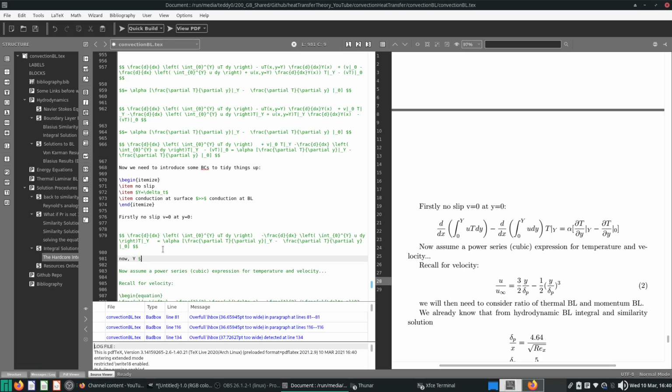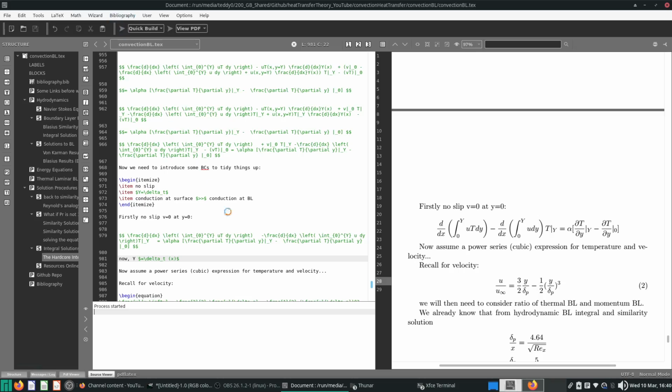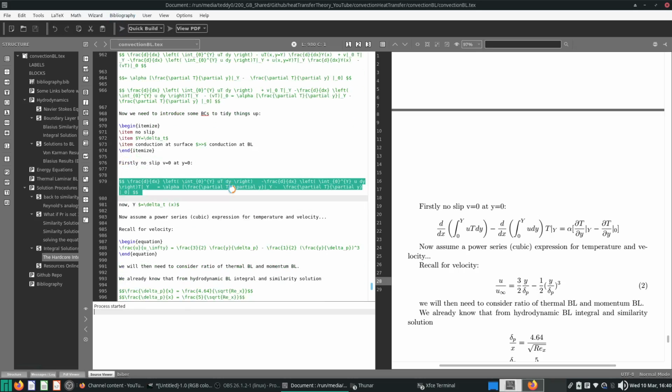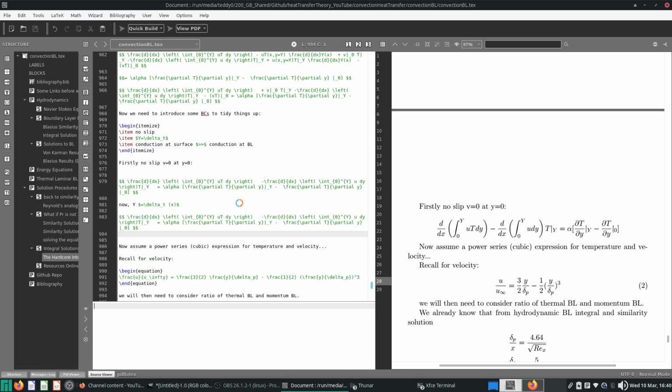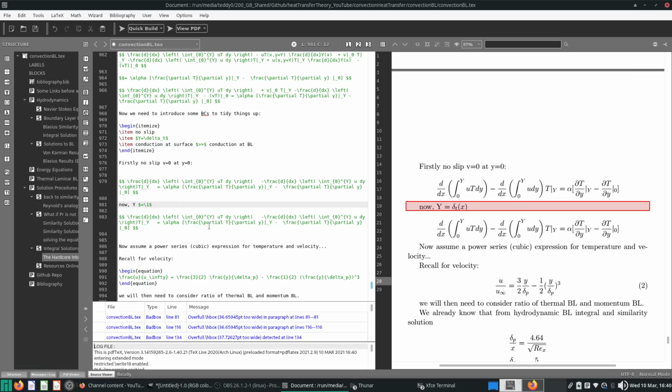Now, next one is y equals delta t, where delta t is this thermal boundary layer, which is a function of x. So let's just copy and paste this out, and let's just insert delta t wherever we find y. Maybe I just put delta t, I don't write delta t as a function of x.